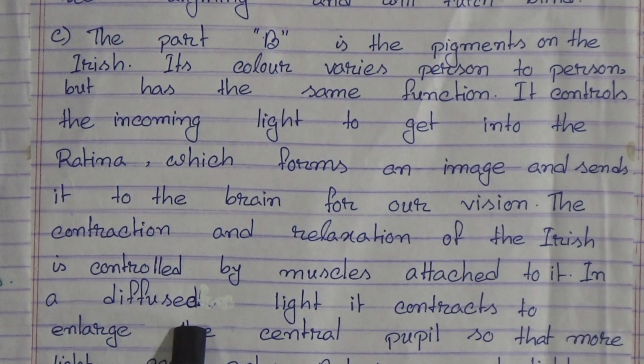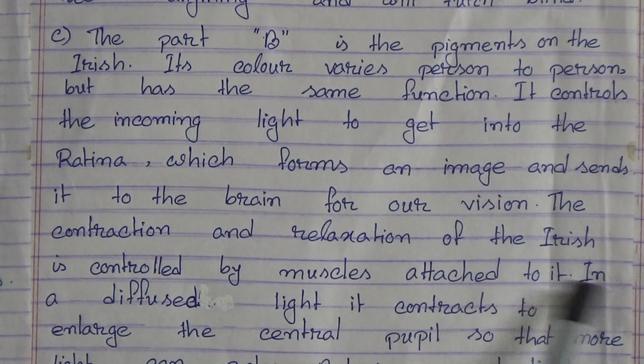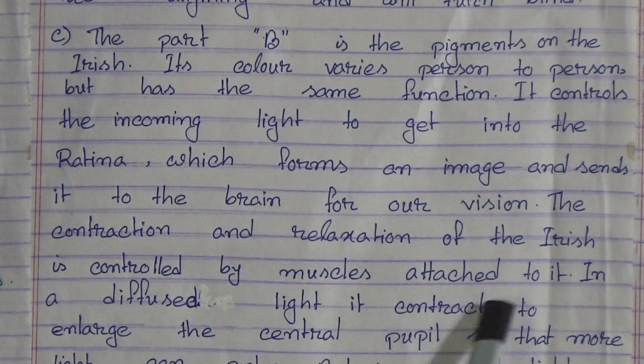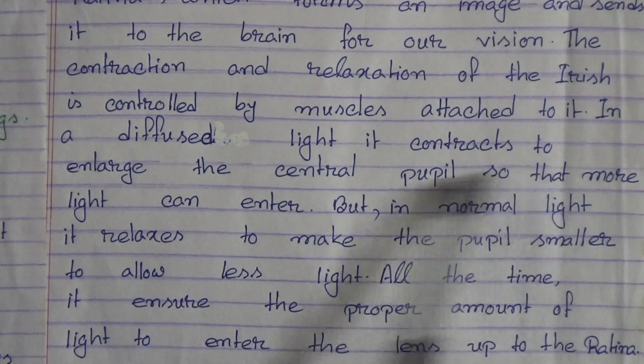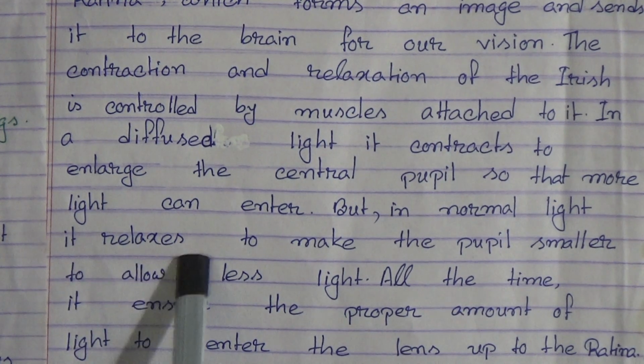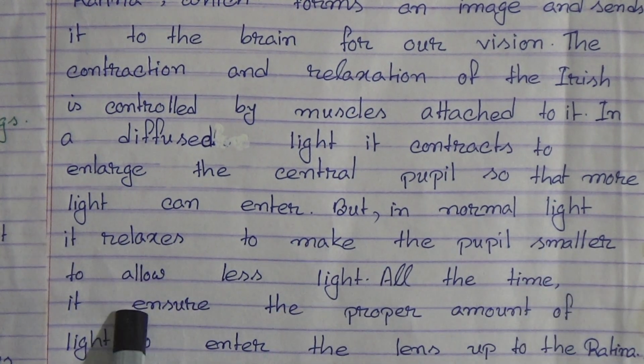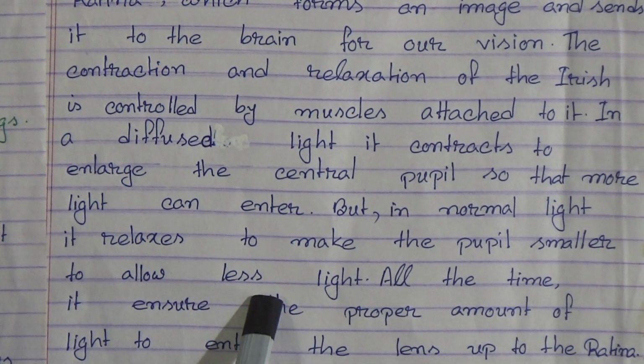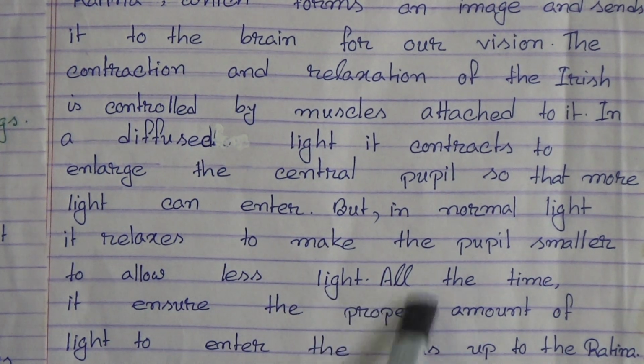In diffused light, it contracts to enlarge the central pupil so that more light can enter. But in normal light, it relaxes to make the pupil smaller to allow less light. All the time, it ensures the proper amount of light enters the lens up to the retina.